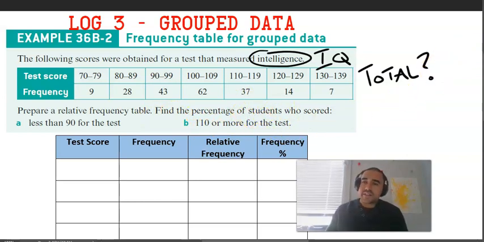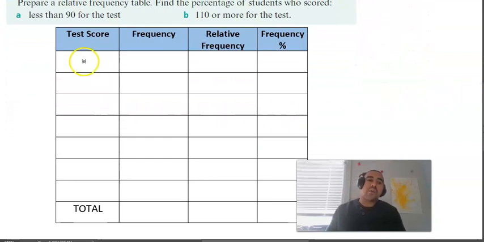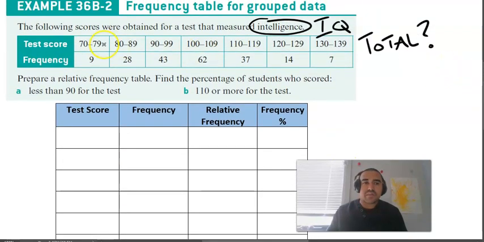We need to fill out this table first. This table that I have created, you will need to do the same thing. We've got 1, 2, 3, 4, 5, 6, 7 test score categories, and the reason why is because we've got 1, 2, 3, 4, 5, 6, 7 that goes across here. Essentially all we're doing is taking this information here and writing it in a vertical manner.